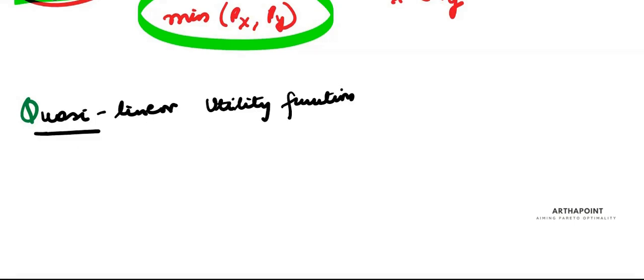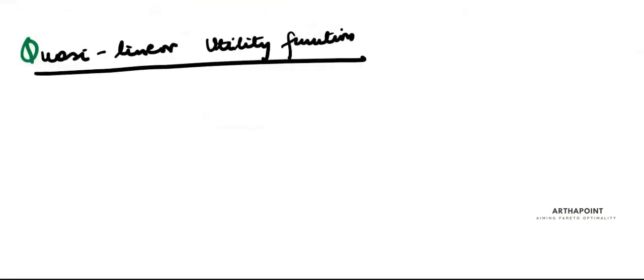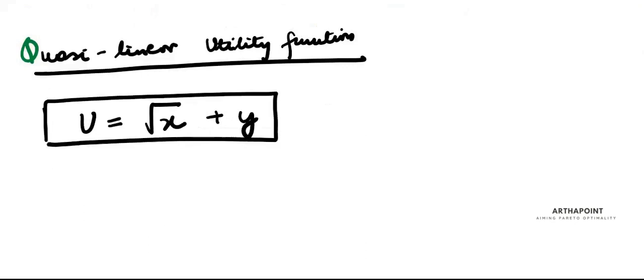Okay. So this is my utility function. U is equal to root x plus y. X here is coming non-linearly and y is coming linear. Let's see how to go ahead and solve this kind of utility function.